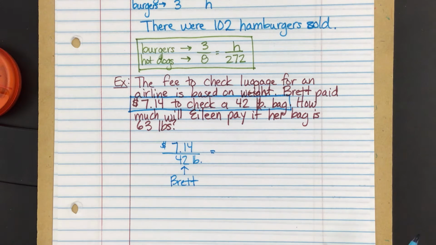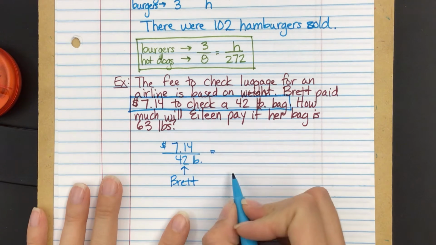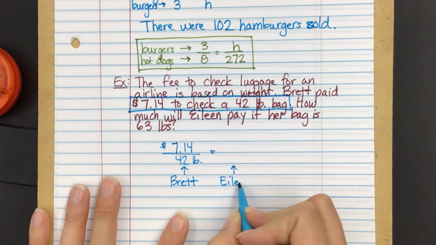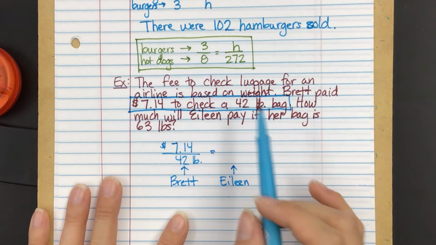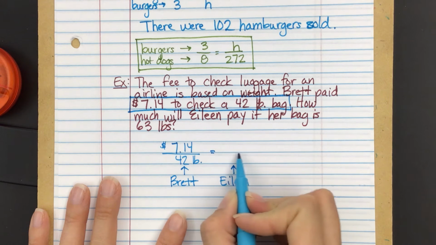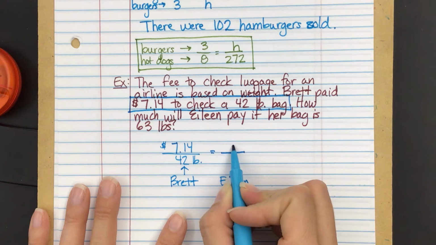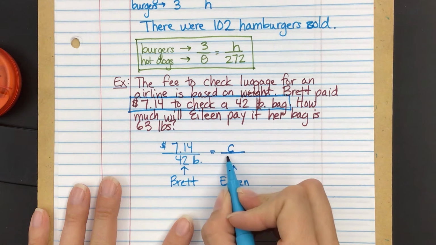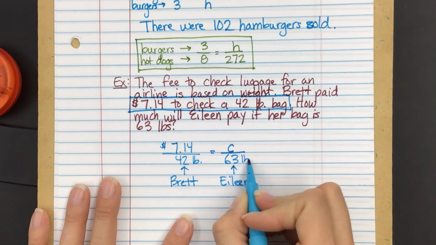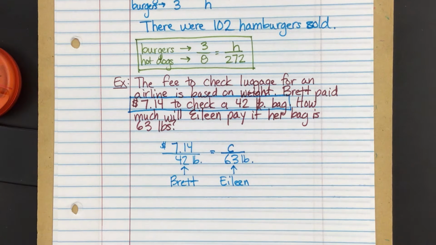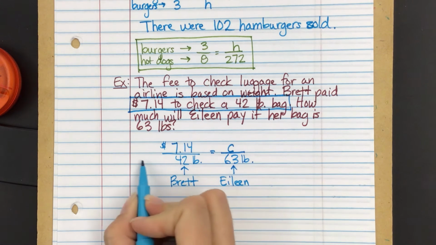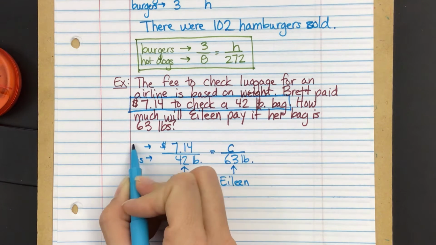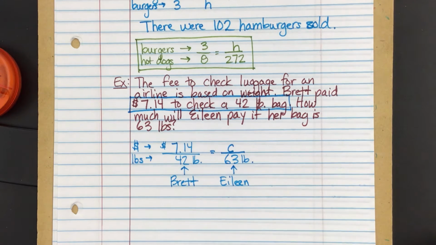So we're using that to establish our ratio there. Now we're going to do Eileen's bag, or Elaine, I think it's Eileen. We don't know how much it's going to cost. That's what we're trying to figure out. So we'll call that C. But we know that the bag is 63 pounds. I just made sure that my weight was on the bottom and my money was on the top for both ratios.